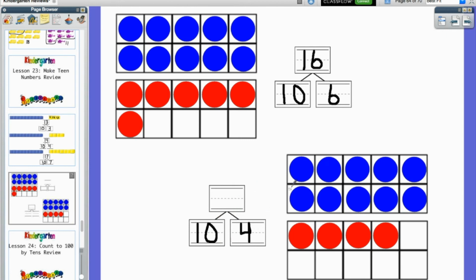Let's count and find out. 1, 2, 3, 4, 5, 6, 7, 8, 9, 10, 11, 12, 13, 14. So we have 14 chips all together. 10 and 4 make 14.